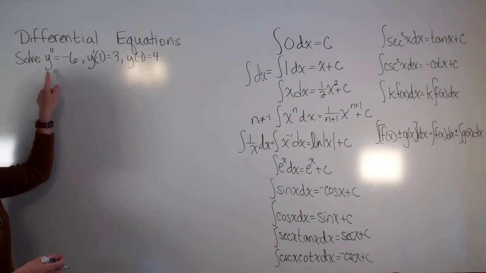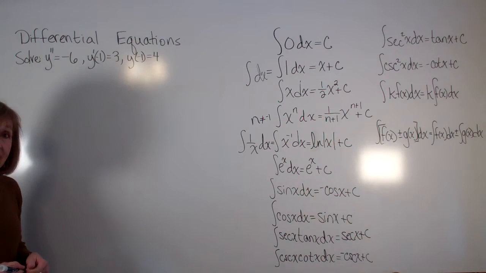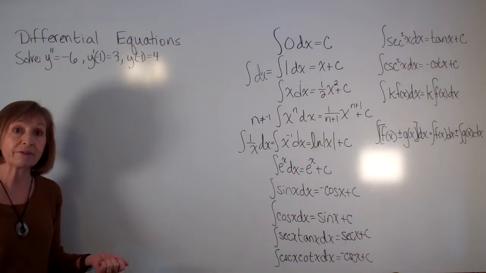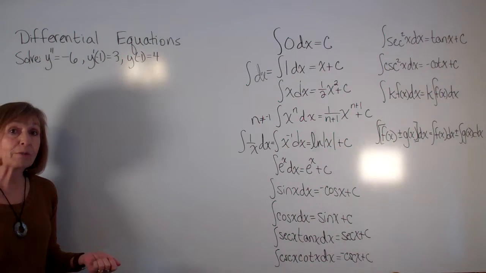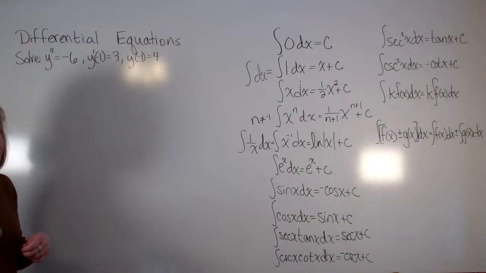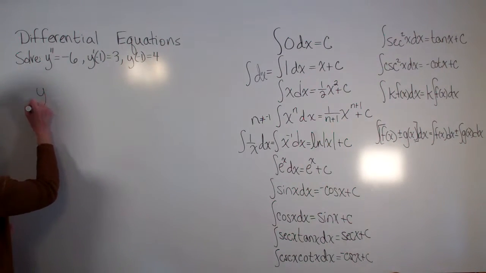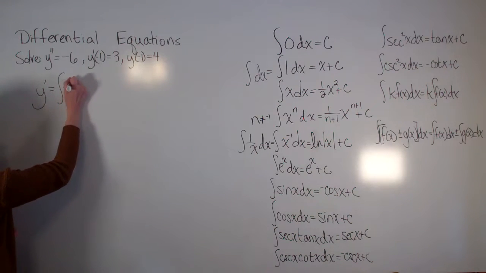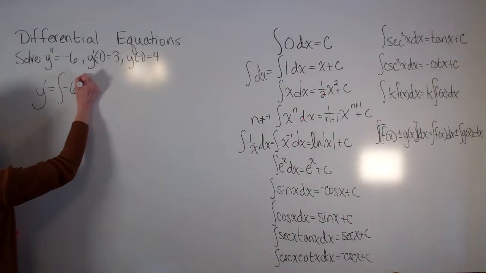Now if the second derivative of y is equal to -6, well remember the second derivative is the derivative of the first derivative. So if I'm going backwards, anti-differentiating, then my first derivative is going to be the indefinite integral of my -6 dx.